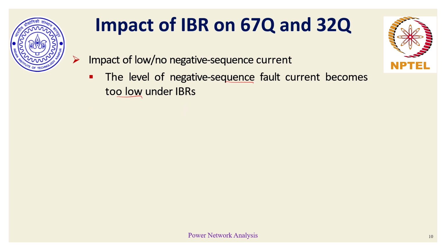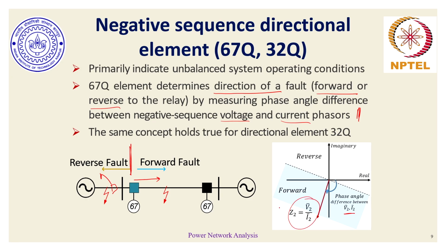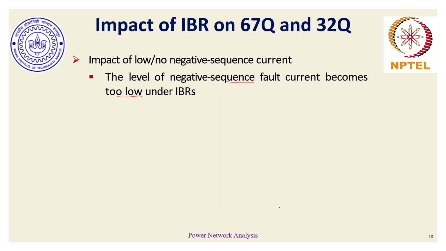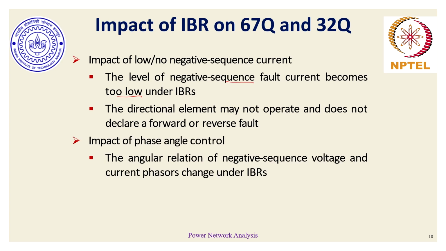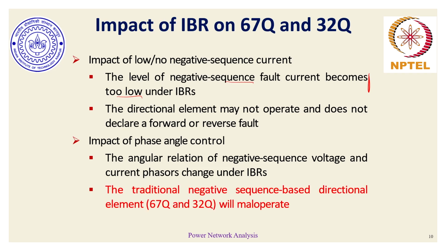As a result, sensing of this ratio becomes a tricky affair for the directional element or negative sequence current element, and the negative sequence or directional relay is not able to identify the directionality of the fault because of the low quantum of negative sequence injection from the inverter based resources during the fault. So the overall story is that traditional negative sequence based directional elements may maloperate in the presence of inverter based resources.